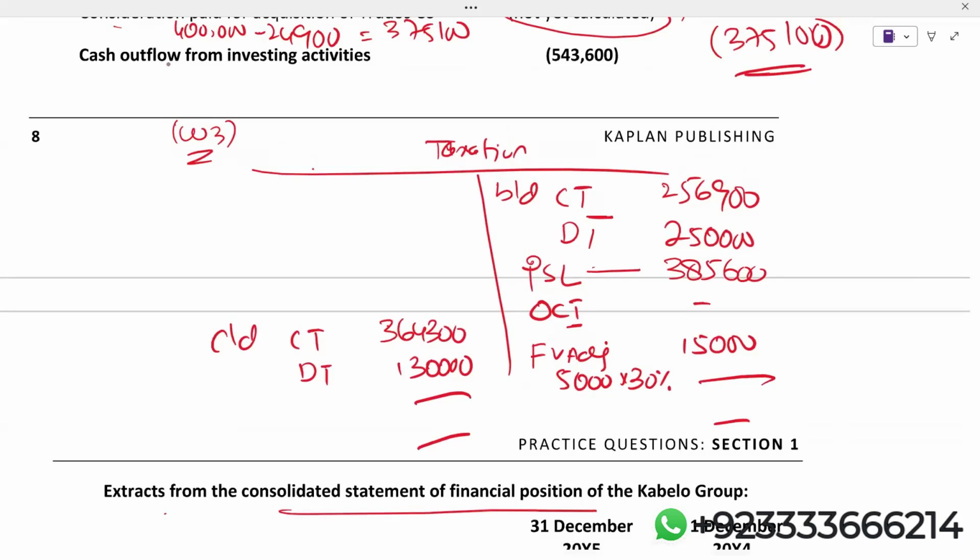Let's see. 2,56,900 plus 2,50,000 plus 3,85,600 plus 15,000. I'm getting 907,500. So the balancing figure will be tax paid.